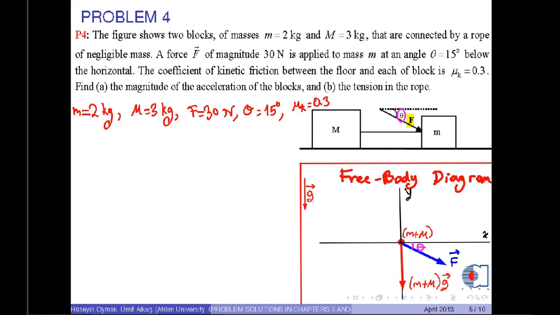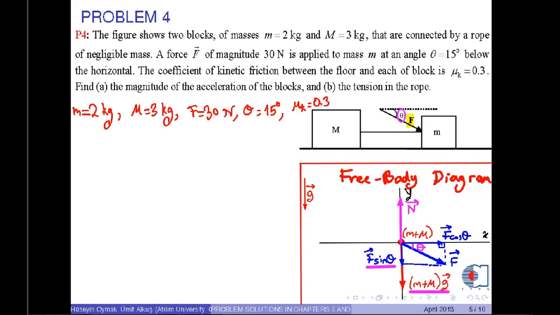The next step is to decompose vector F onto the x-axis, which is F times cosine theta, and on the y-axis as F times sine theta. Now we are ready to determine the normal force. It is outward from the surface, namely, it is in the positive y direction.